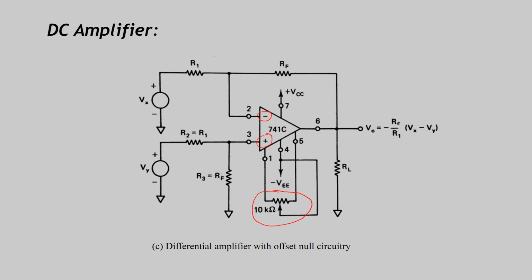The output we have already calculated, V0, that is minus RF by R1 into Vx minus Vy, where Vx and Vy are the inputs applied to positive and negative terminals, or we can also write this as minus of RF by R1 into Vxy. That can always be done, and this is the differential amplifier with offset null circuitry. So this is nulling the offset if any.